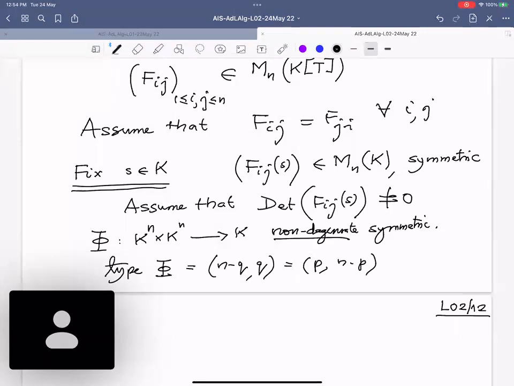Whichever coordinate you fix, one coordinate, the other coordinate will be determined by that coordinate and n. I will use this notation. All right, so this is the type.